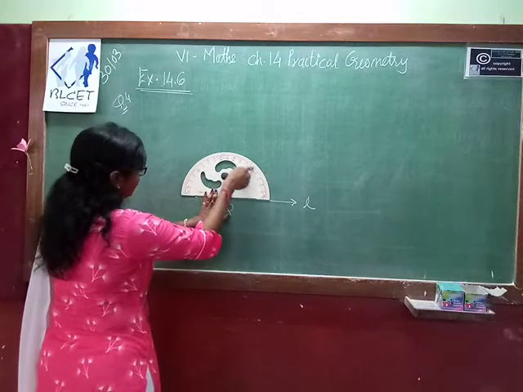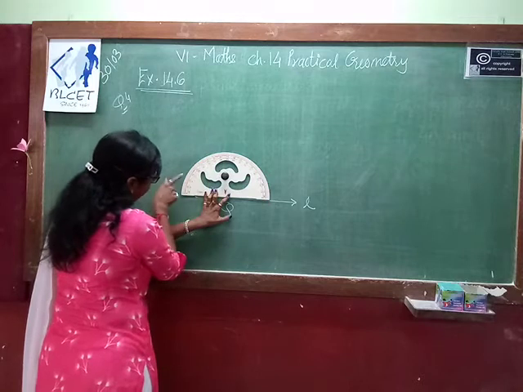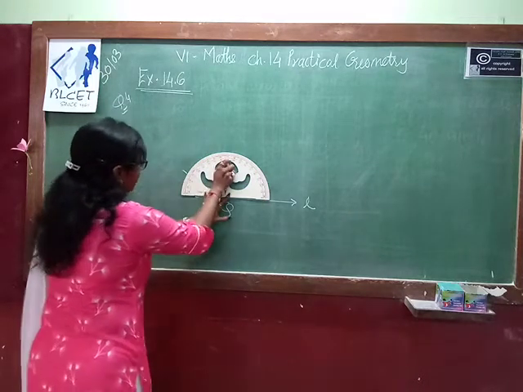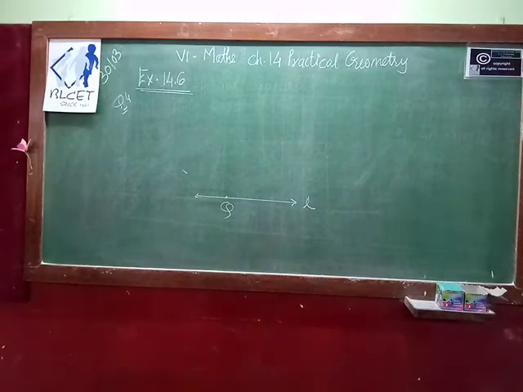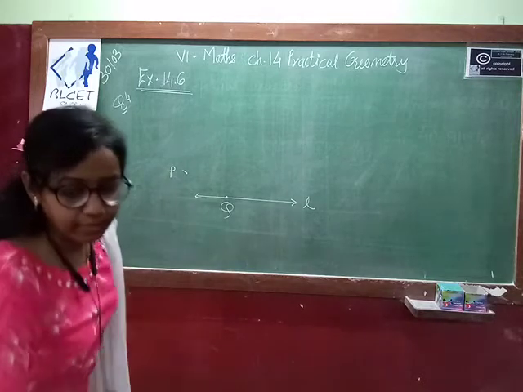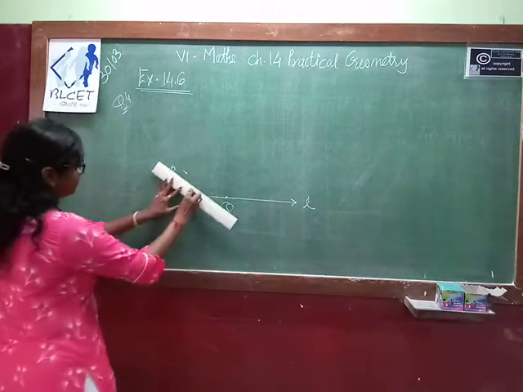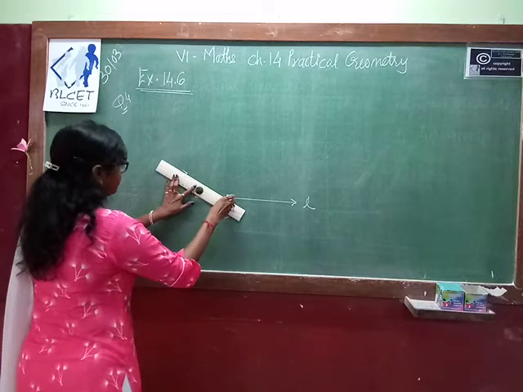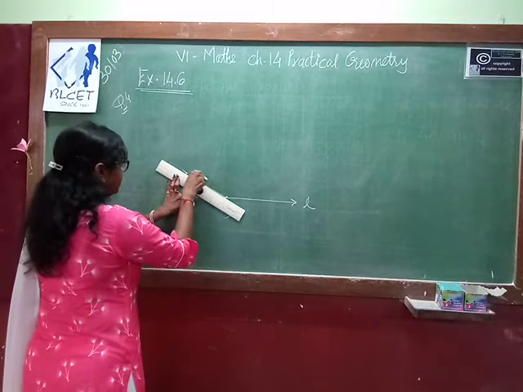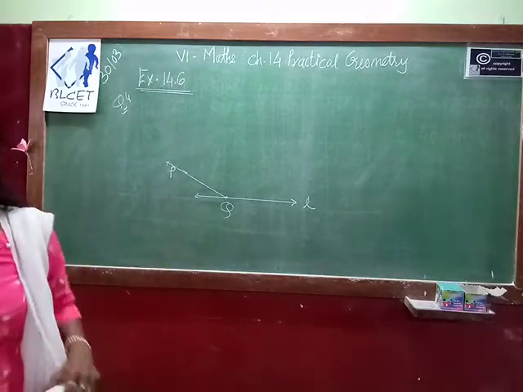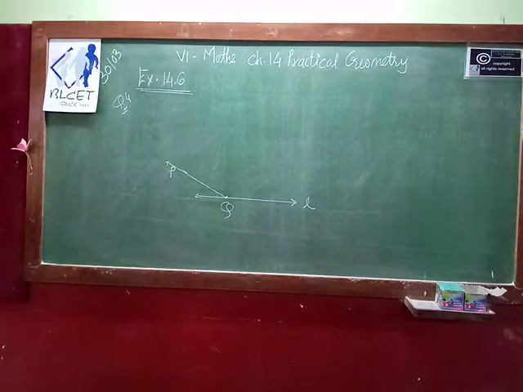From here 0, 10, you have to count and count to 150. After 150 take 3 divisions. So that is your 153 degree. Name it here P. Join these 2 points. So this is your 153 degree angle.